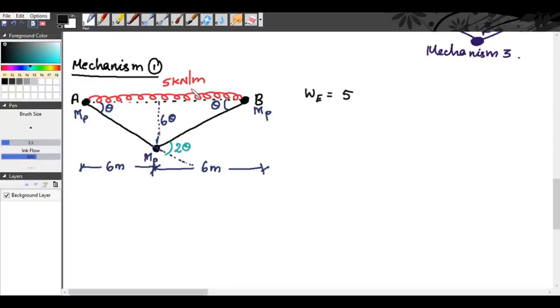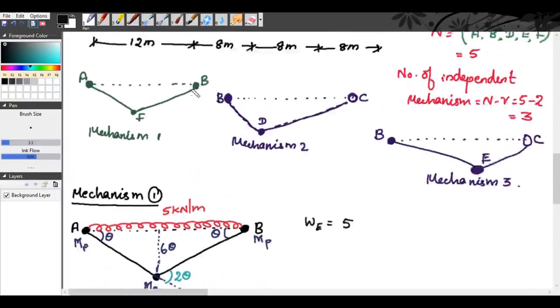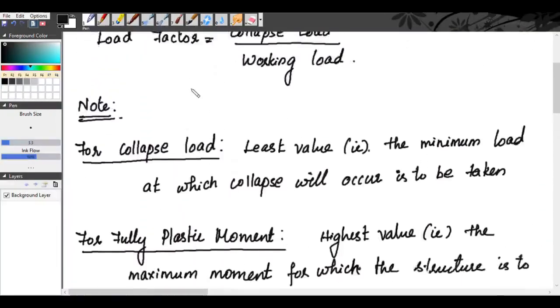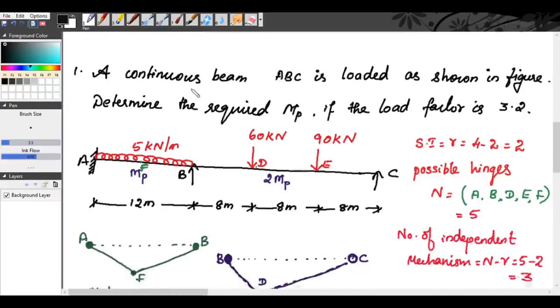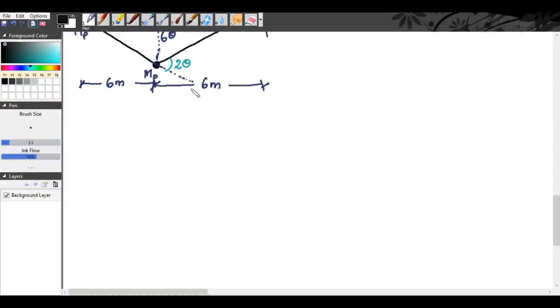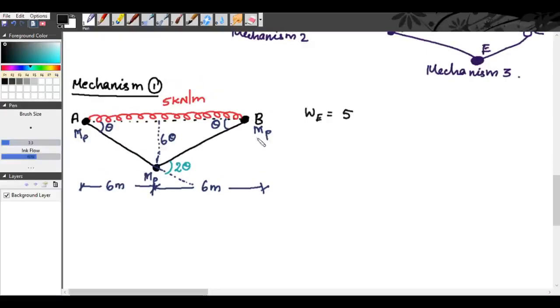One more thing: the load factor is given, right? How much is the load factor? The load factor is given as 3.2. So you have to consider 5 into 3.2, which is 16 kilonewton per meter.